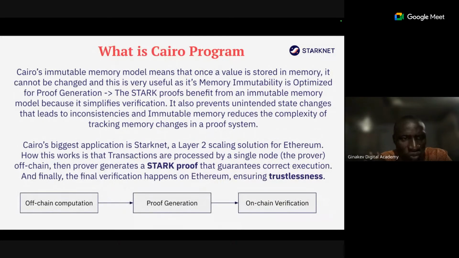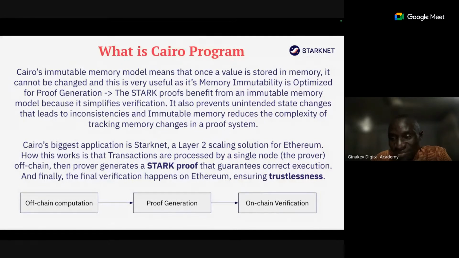So that's it. Now, just like I said, Cairo has an immutable memory model, right? This immutable memory model simply means once you store a value in it, you can't change it.